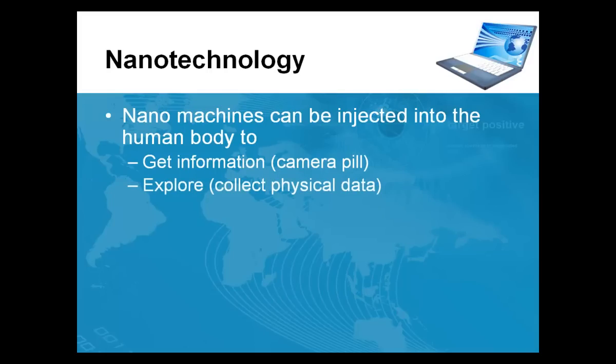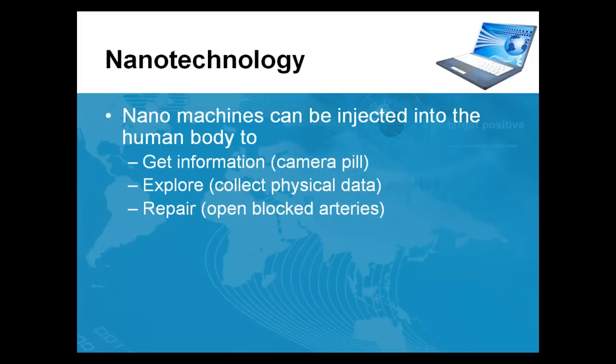We can explore and collect physical data. Say, for example, that you are diabetic. Instead of constantly sticking your finger with a needle and checking your glucose, we can put things in your body that would check that and keep control of that at all times. We think that nanobots can repair your body. For example, strokes and heart attacks are usually caused by the reduction of the size of your veins.